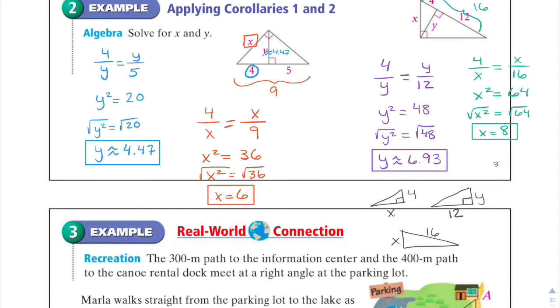And those are the pieces that I matched together. So I did 4 with a hypotenuse of x, and then you have y with your 12.